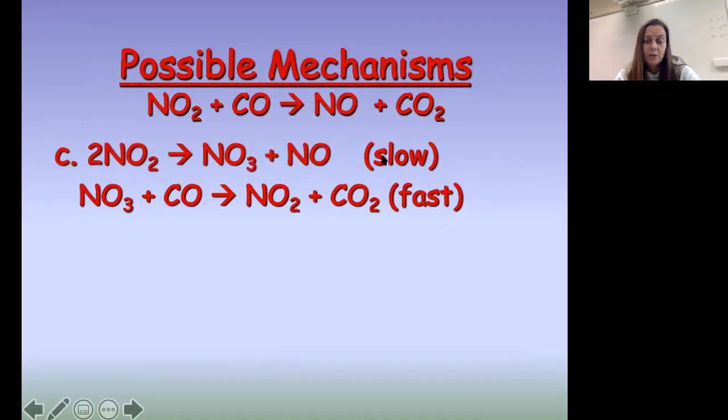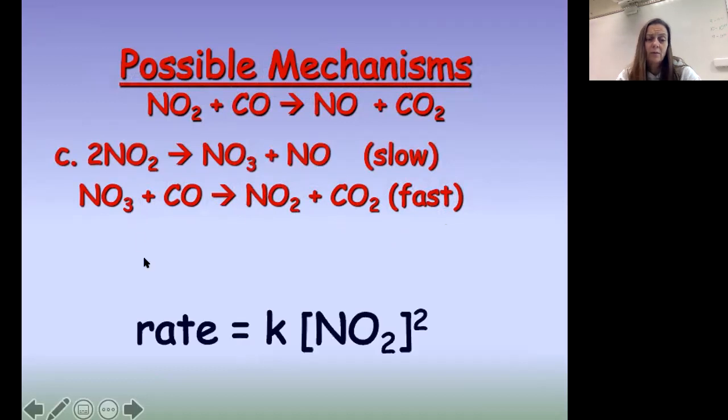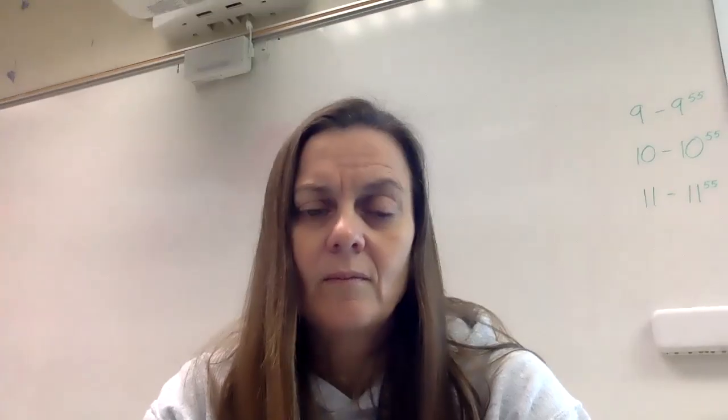So slow step, we would use that to write our rate law, and we would then write rate equals K times NO2 raised to its coefficient, which is 2. That matches up with our experimentally determined rate law, and so we would choose this as our valid mechanism. As always, if you have any questions, let me know.